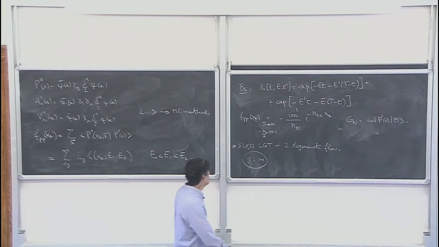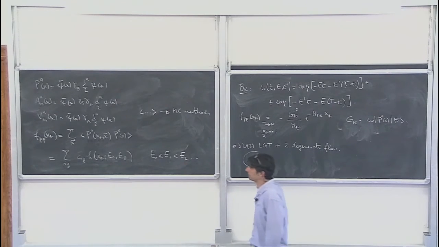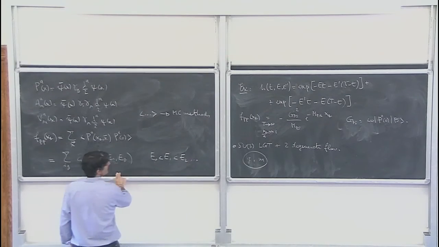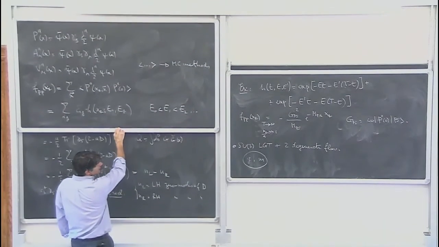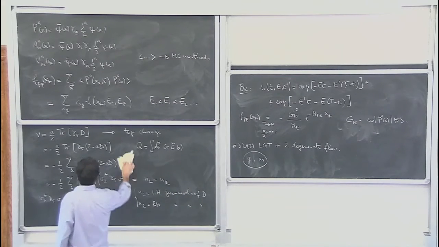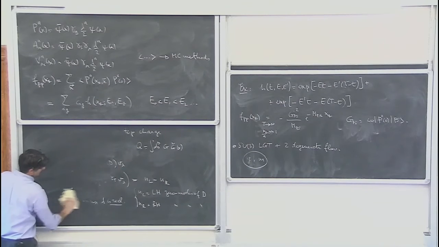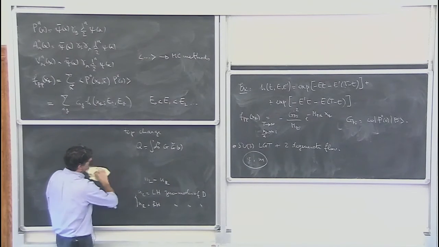You have to tune g and m in order to get the correct physics in the infrared. And the way that this is usually done is by working in mass-independent schemes. Okay?